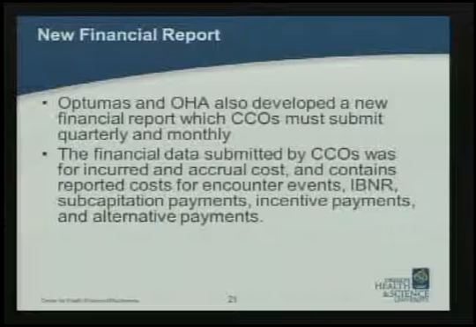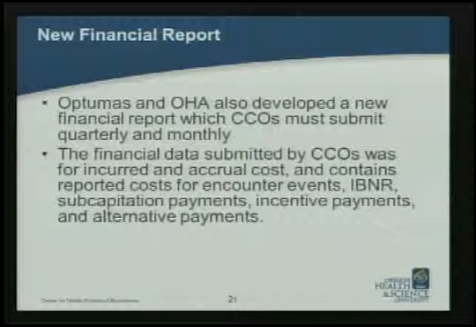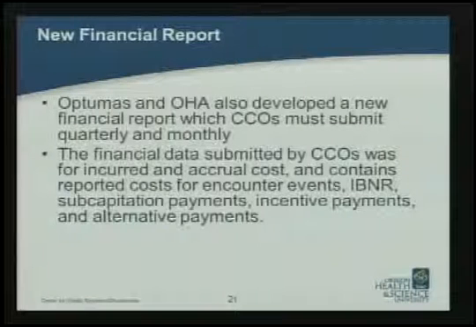So now, like I said, that financial report and that data verification procedure happens because CCOs have to, in 2015, submit their data both quarterly and monthly across things like cost, utilization, administration, and these other specific financial costs, like how much cost they've incurred, accrued, as well as sub-capitation rates, incentive payments, alternative payments, all of that more jargon.